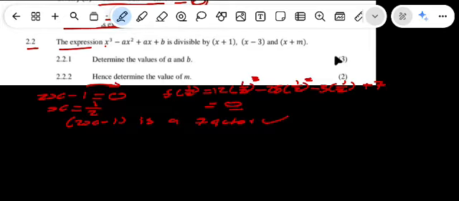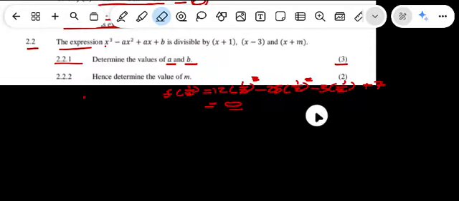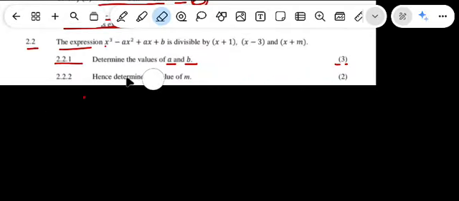This is 3 marks. 2.2.1 says determine the value of a and b. All right, how can you determine those?